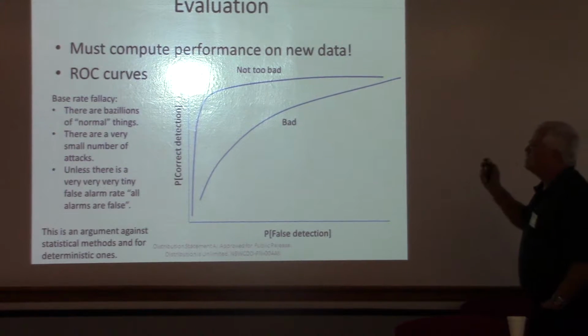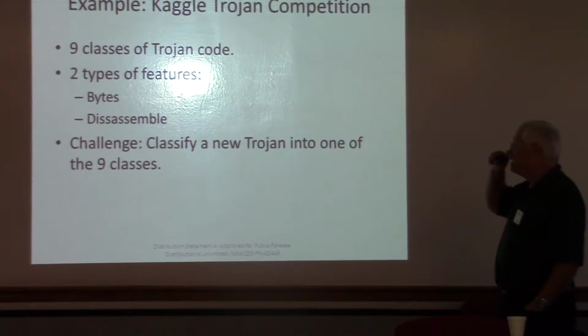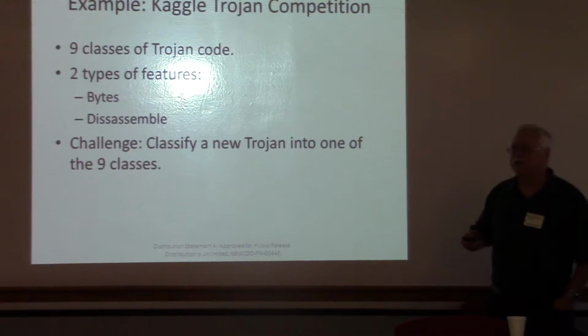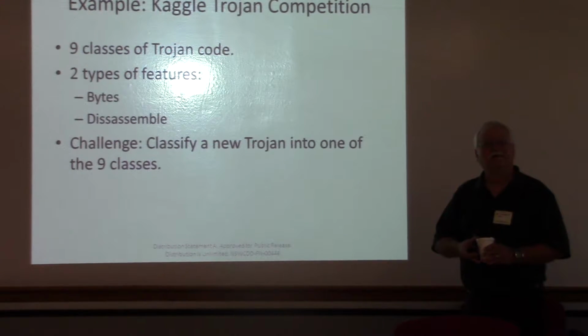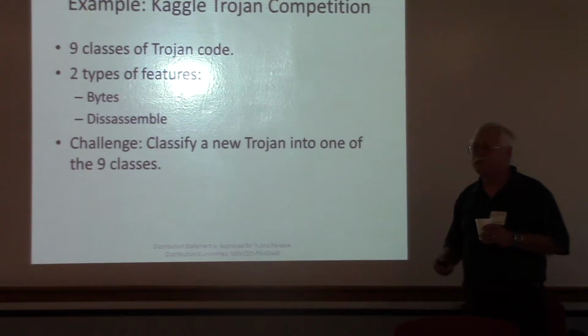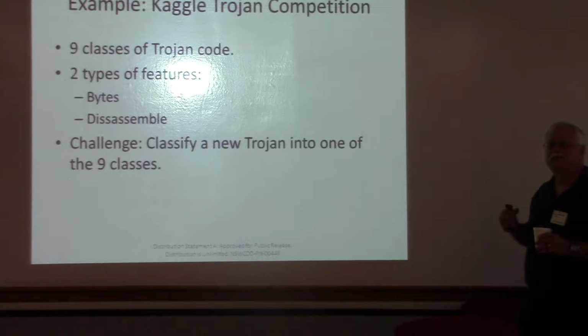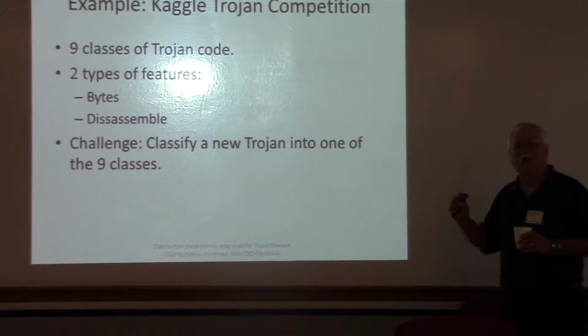And you guys know about how you compute performance and stuff, so I won't go over that. So here's my toy problem. This was a Kaggle competition. They had a bunch of Trojan code, 10,000 some observations. There were 9 classes, so everything was a Trojan, and you wanted to group it into one of 9 classes.